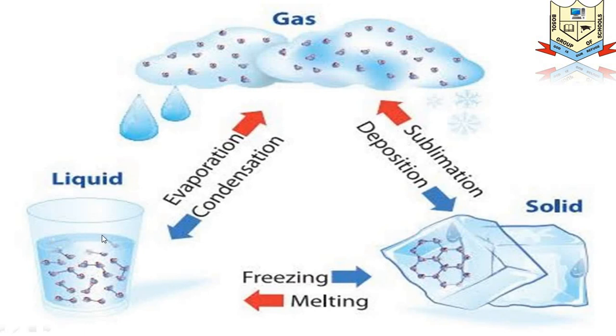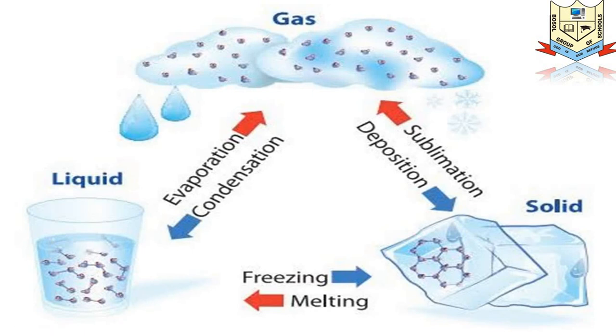It is because the liquids that are there have evaporated to become gases, and they've evaporated into the air. Now from gases to liquid. Gases can only be converted to liquid through the state of condensation.